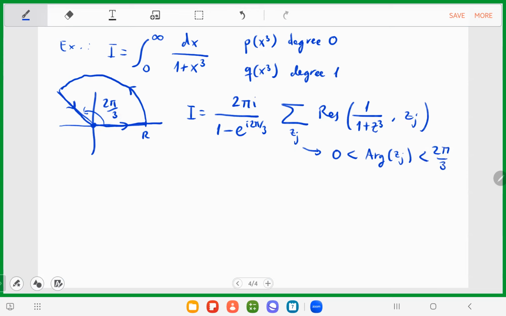So first, what are the singularities of the function? What are the zeros of the denominator? Because notice the function is otherwise analytic. So what are the roots of this cubic polynomial?